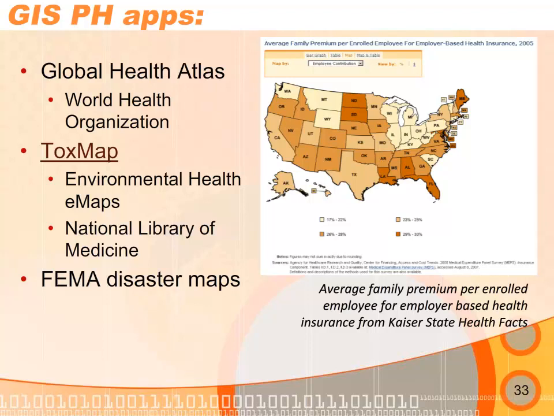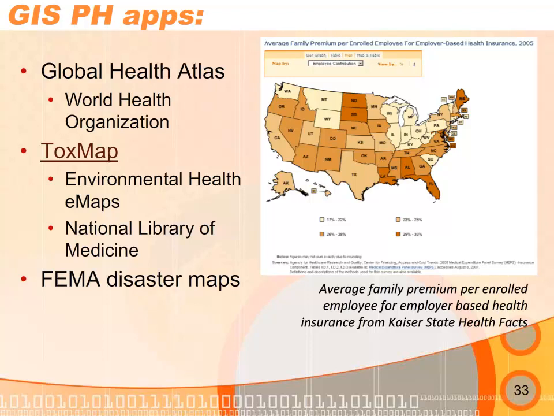Here I've listed a few public health apps. There are many more listed under Resources and References for Week 11. The Global Health Atlas provided by the World Health Organization allows you to view a variety of health issues across the world.